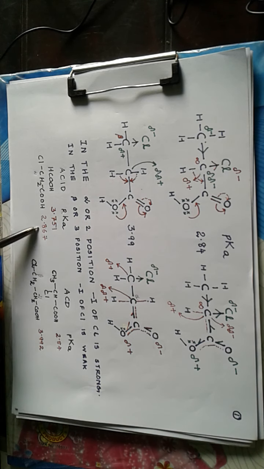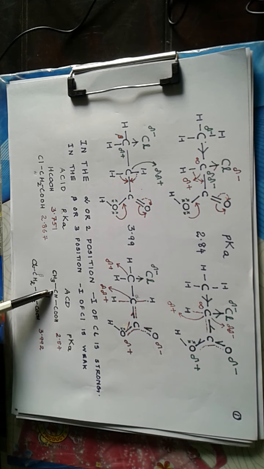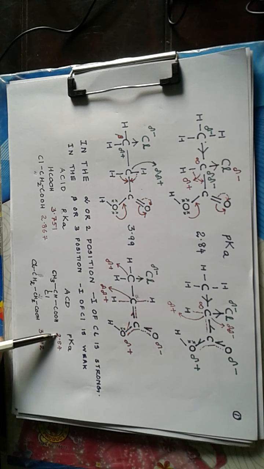Say chloroacetic acid has a pK value of 2.867 and alpha chloropropionic acid has a pK value of 2.84. This lower value indicates that it is a slightly more acidic acid than chloroacetic acid.